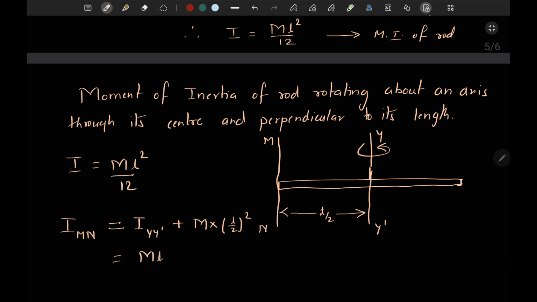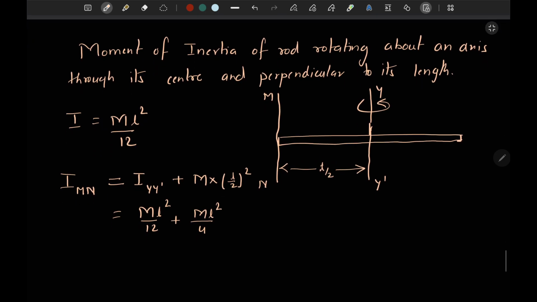That is m L square by 12 plus m L square by 4, and finally we get the moment of inertia through the axis at the end is equal to m L square by 3.